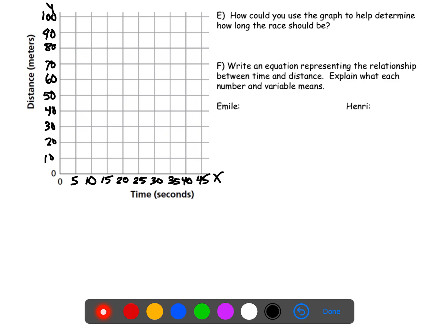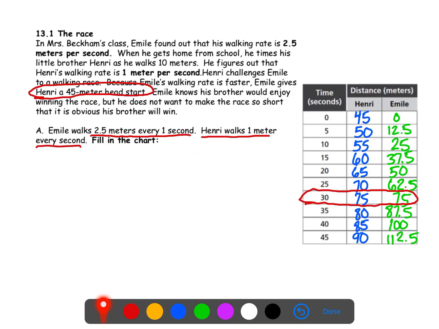Now, we're going to graph our lines. So we have back in our table ordered pairs. For Henry, we have the time and Henry's distance. The time is the x-axis, the distance is the y-axis. And then we can also compare that time to Emil and have an ordered pair there.